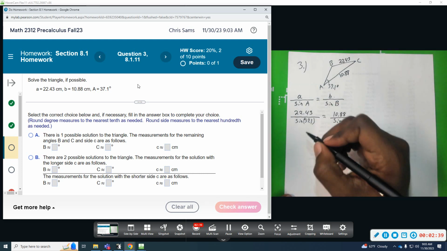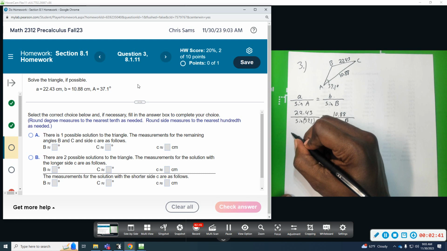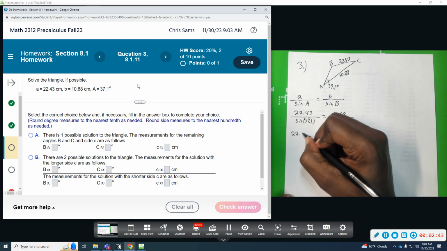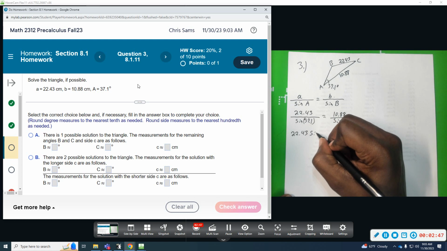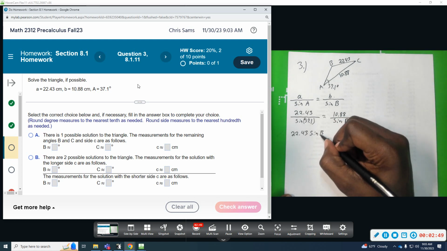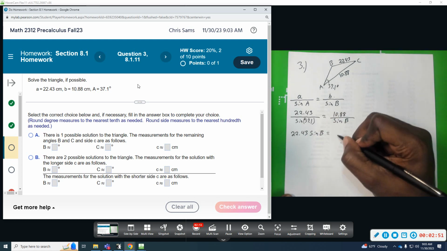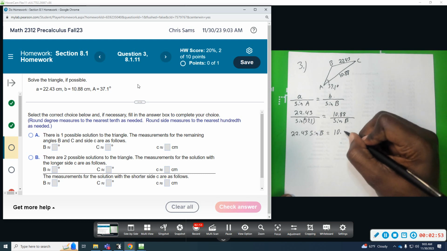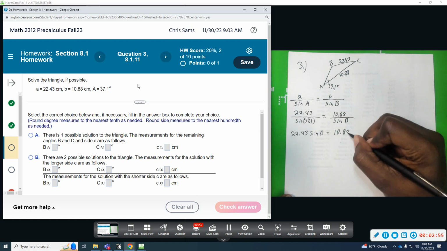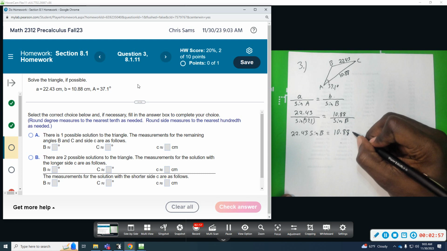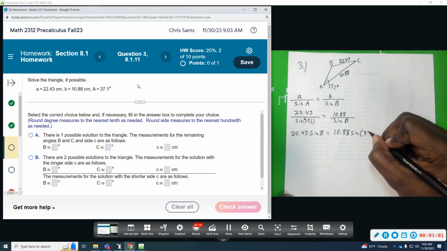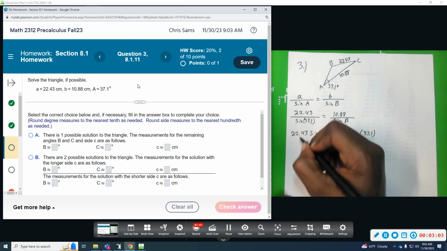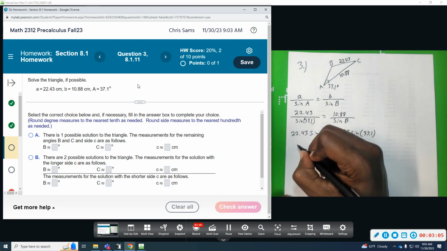So I'll cross multiply these. 22.43 times sine of angle B equal to 10.88 times sine of 37.1. We're going to divide by the 22.43.